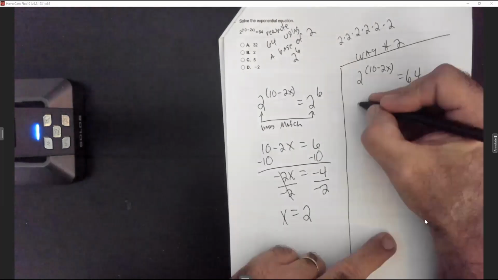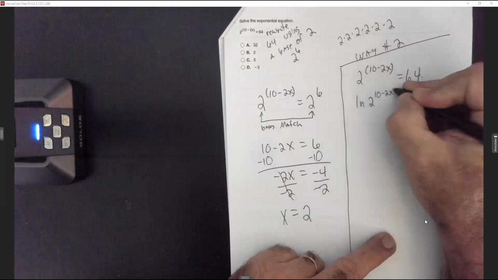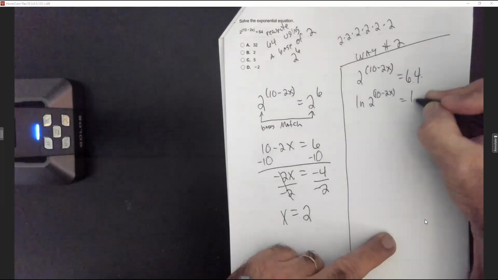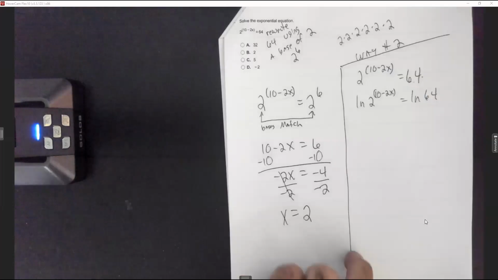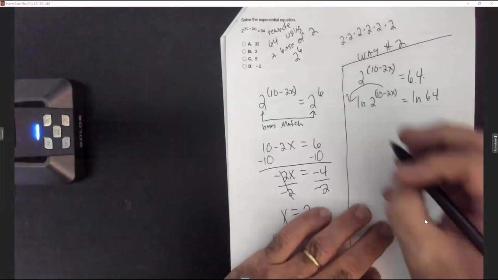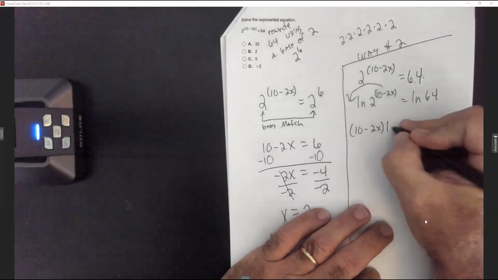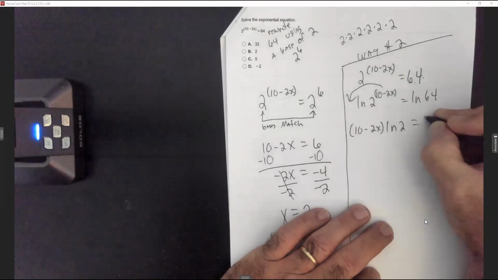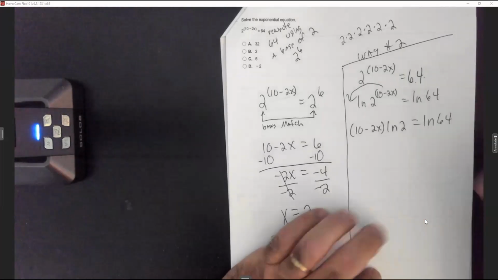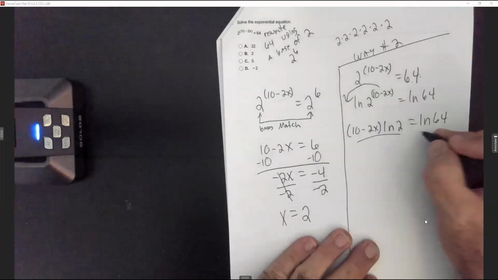You can take LNs of both sides. Right, because the LN, I was able to bring this down to the front. So that's going to give me 10 minus 2x times the ln of 2 equals the ln 64. Divide both sides by ln of 2.